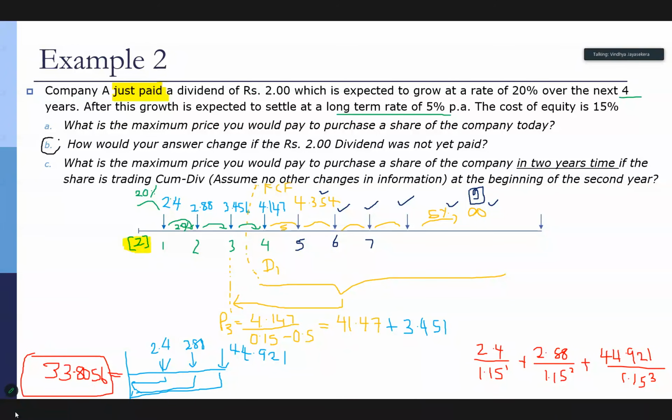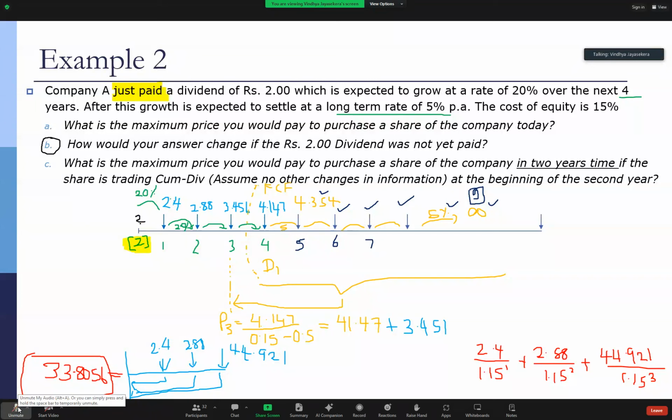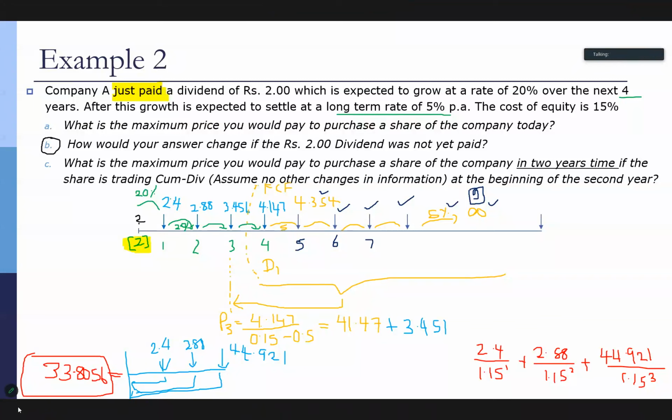What's your answer for part B? Absolutely. So then for part B, your 2 rupees would also be a cash flow that would happen. It's a cash flow occurring in year 0 because it hasn't been paid yet.